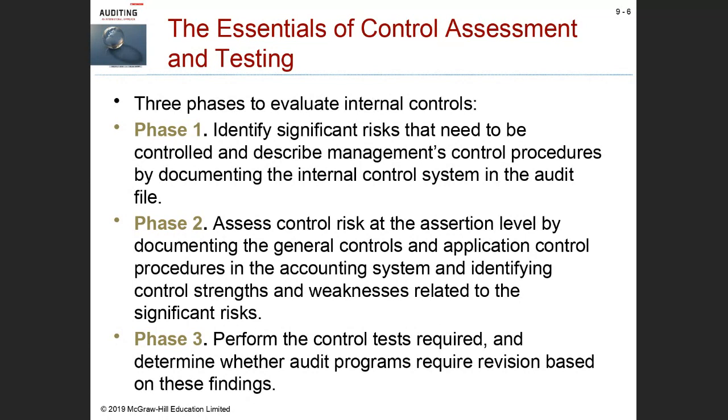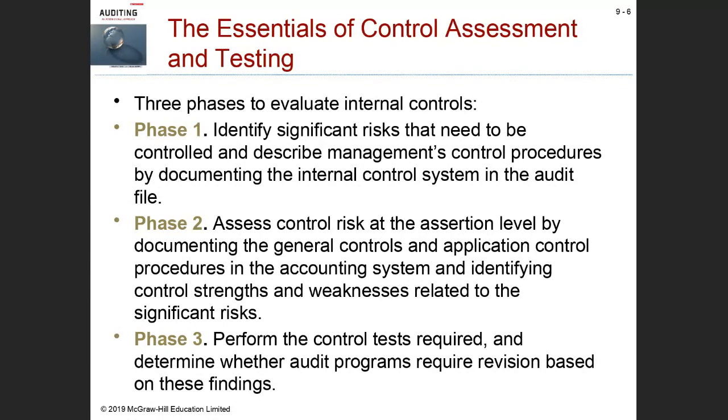All of the controls are there to control the risks that the assertions over the financial statements are incorrect. So the better our internal controls are, the better our general controls, the better our application controls, the less risk we'll have that the assertions made by management are incorrect.